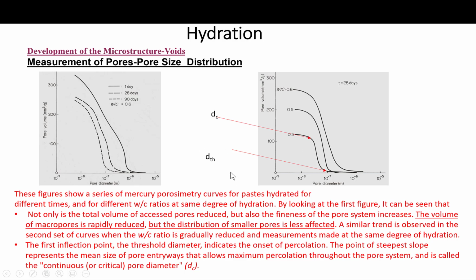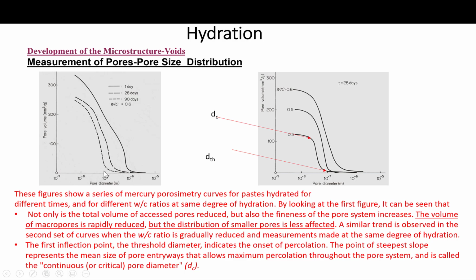Okay. By looking at the first figure, it can be seen that not only is the total volume of accessed pores reduced, as you can see here, but also the fineness of the pore system increases.